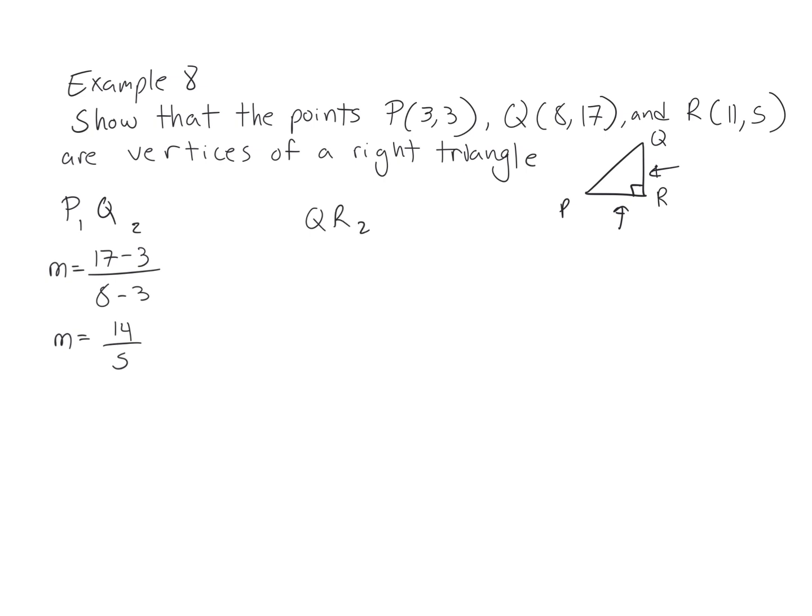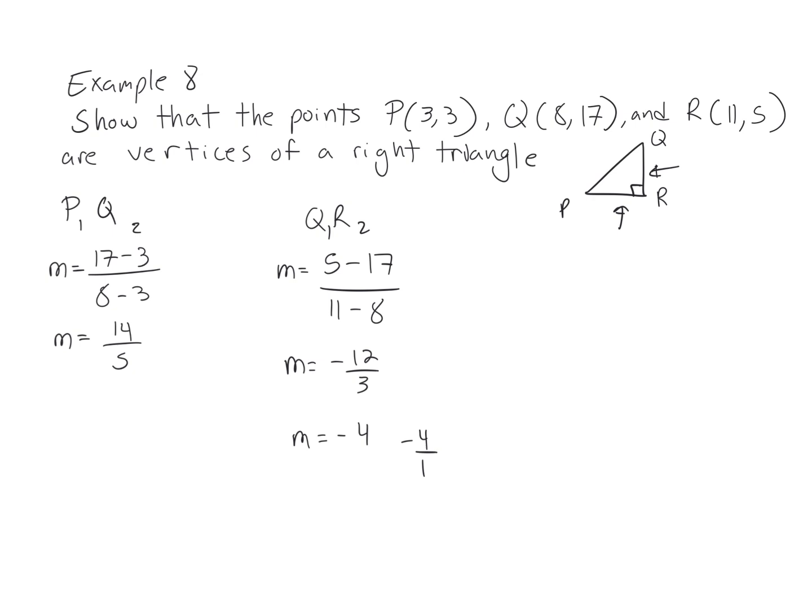I'm going to choose R to be the 2's and Q to be the 1's. So it's going to be 5 minus 17 over 11 minus 8. So it's going to give us a slope of negative 12 over 3, which is going to simplify to a slope of negative 4. If you prefer to write it as negative 4 over 1, that's fine. I'm just going to write negative 4 for the time being.